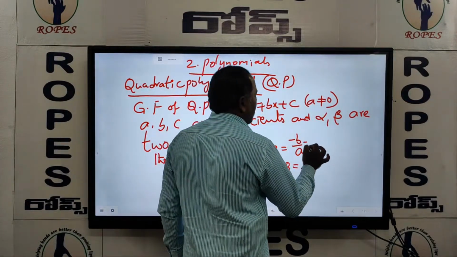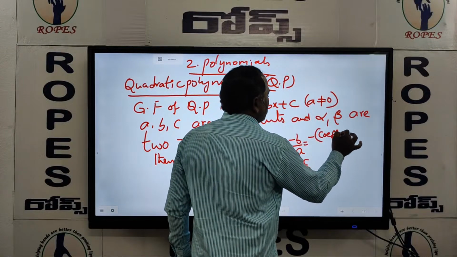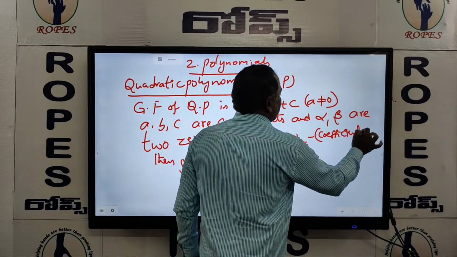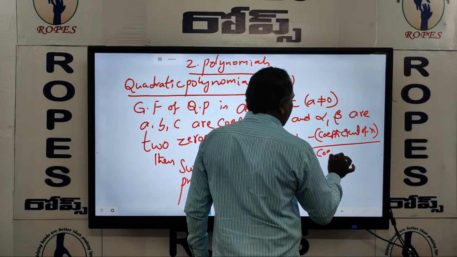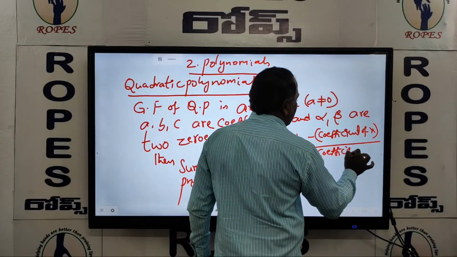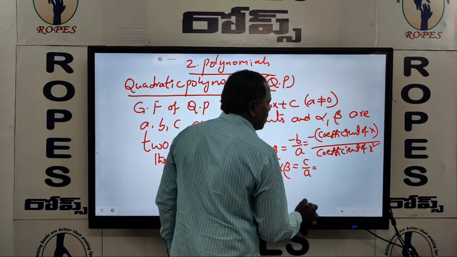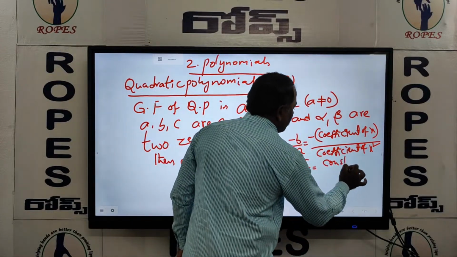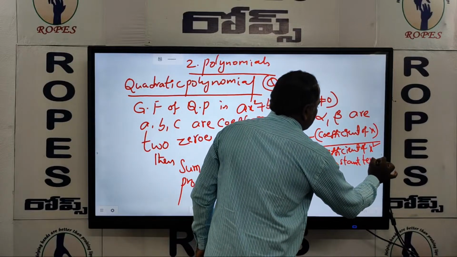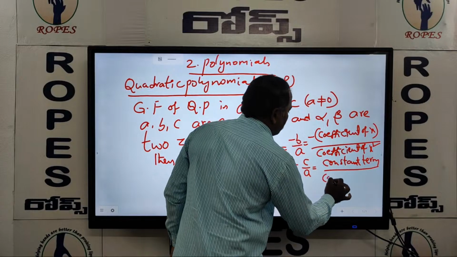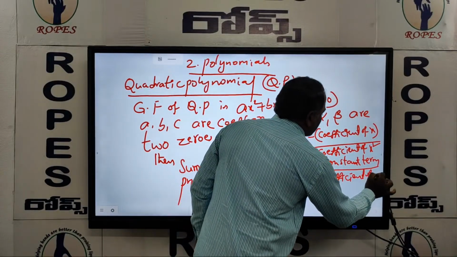This we can write as minus of coefficient of x by coefficient of x square. For the product, we can write constant term by coefficient of x square.